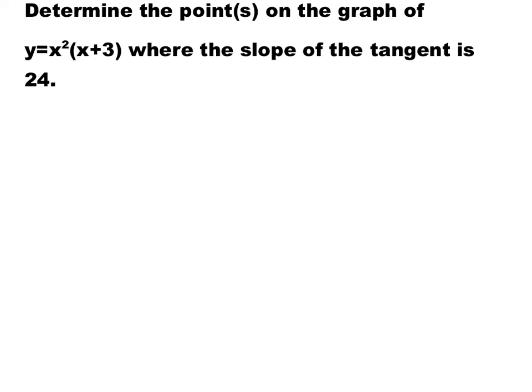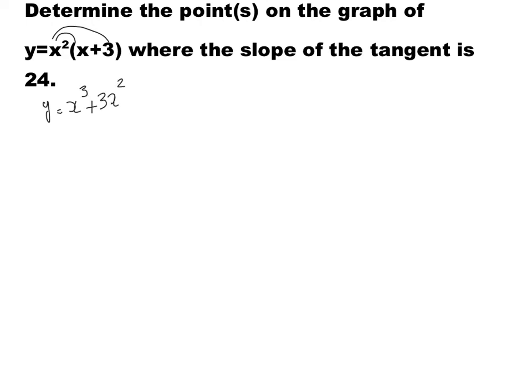In the next example, we have to determine the points on the graph of y equals x squared times x plus 3 where the slope of the tangent is 24. So again, I'm going to expand y, so I'm going to get y is equal to x squared times x is x cubed plus 3x squared.